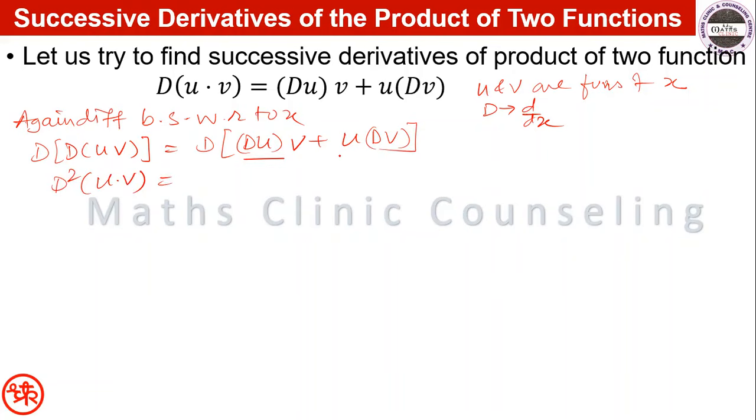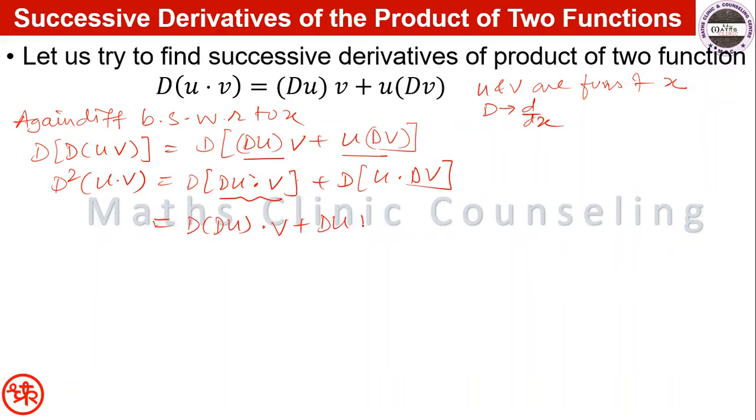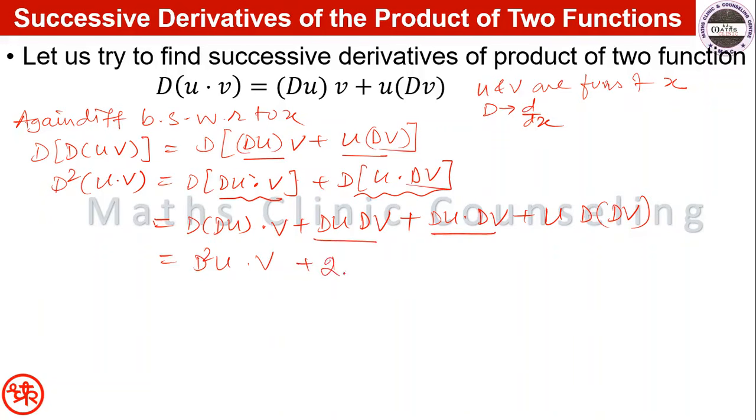The right hand side, you break it: d of du into v plus d of u into dv. Now if we apply the product rule here, what will happen? It is equal to d of du into v plus du into dv. Here also we apply the product rule: du into dv plus u into d of dv. Is that clear? So it will be equal to d square u into v plus du dv, and this twice du dv, plus u into d square of v.